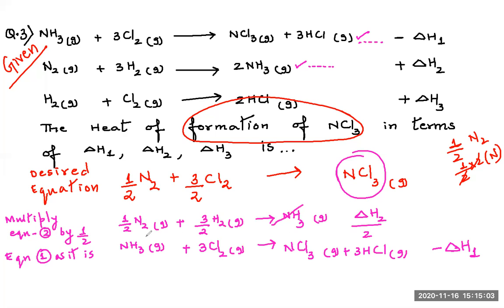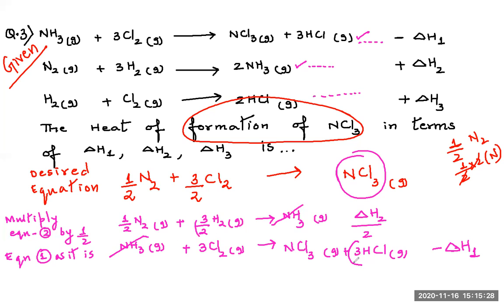NH3 will get cancelled. No problem. Here only it gets cancelled. N2 is here, Cl2 is there and NCl3 is there. So this H2 and this HCl are extra. So we will use equation 3, that is this one, to nullify it.